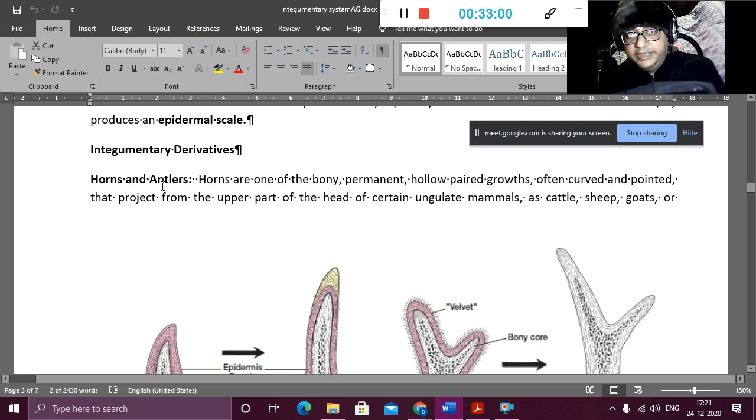Among the integumentary derivatives, the most important ones are the horns and antlers.